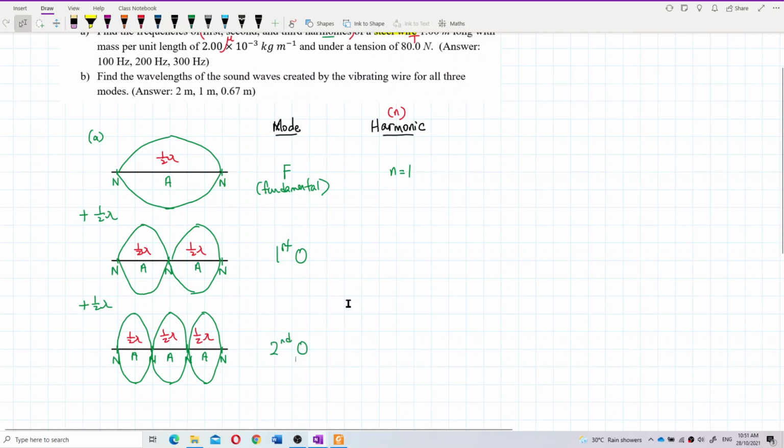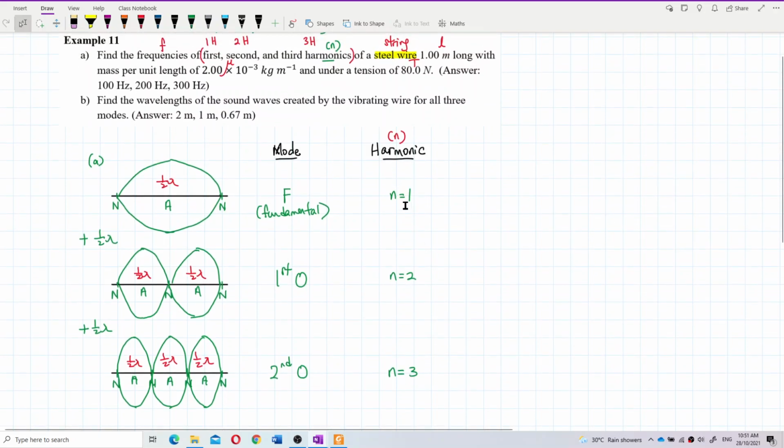Fundamental mode, first overtone, second overtone. And the fundamental mode is always the first harmonic. Then this is the second harmonic, and this is the third harmonic.